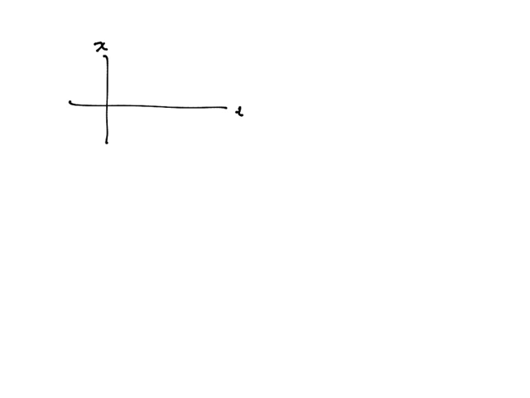Let's say I have a graph that looks more like this. Time 1, 2, 3, position 1, 2. Okay. Well, if this is our new graph for position versus time, what would the slope tell me?